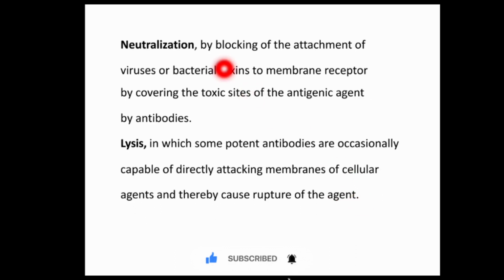In neutralization, the antibodies block attachment of the virus or bacterial toxin to the membrane receptor by covering the toxic site of the antigenic agent. In lysis, some potent antibodies are occasionally capable of directly attacking the membrane of the cellular agent and thereby causing rupture of the antigen.